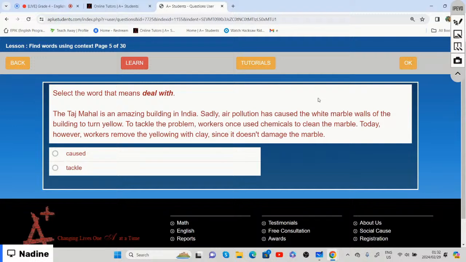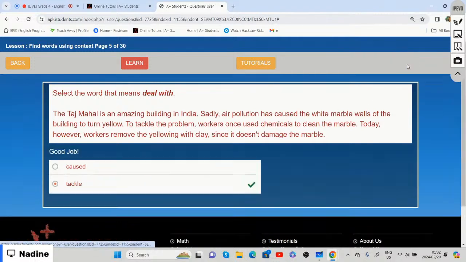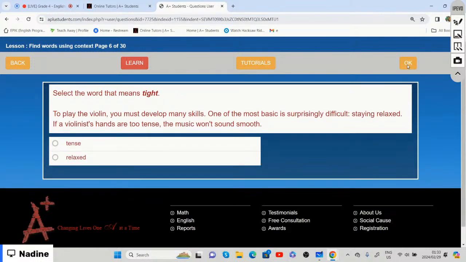If we select the correct answer, it is to tackle something. You're sorting something out. Even if you did this already, let's continue. Well done for doing the test already. Great job.